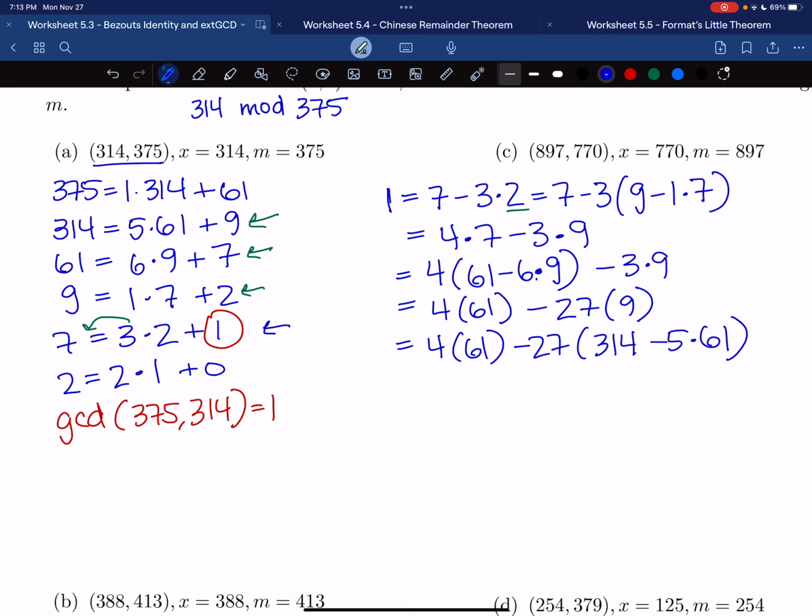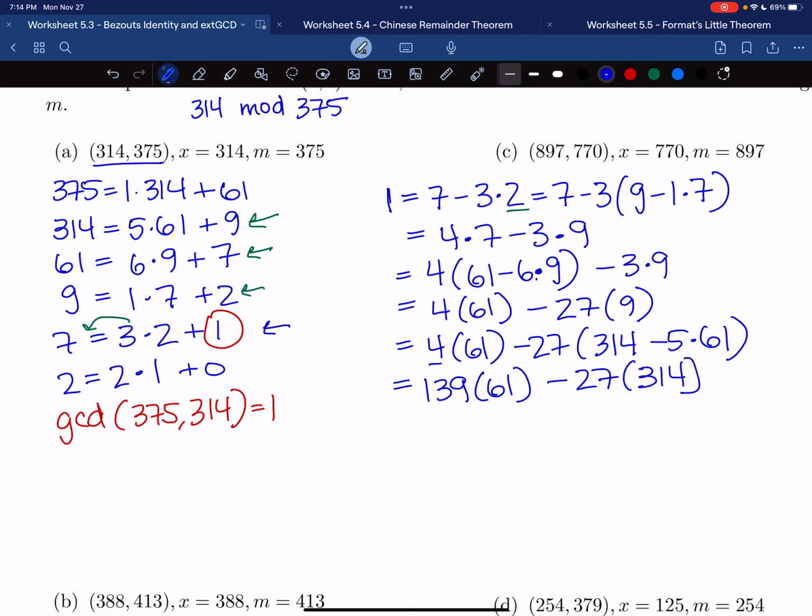And then I can move that around, so that's 4 61s and minus 27 times minus 5, so that would be 135 61s, 139. I've got 139 times 61 minus 27 times 314.